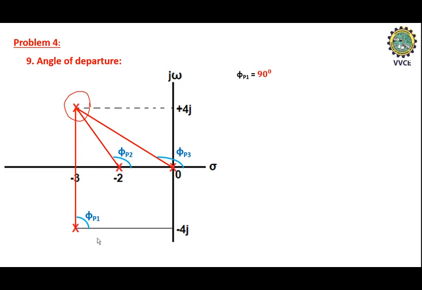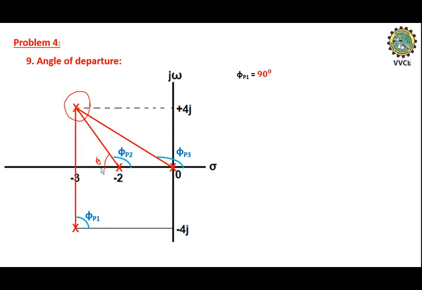And phi p2, how are we going to find out the phi p2 value? If I consider this angle as theta, I know the value of this side, that is 0 to 4j, meaning the magnitude of this is 4, and this adjacent side, minus 2 to minus 3, is 1.